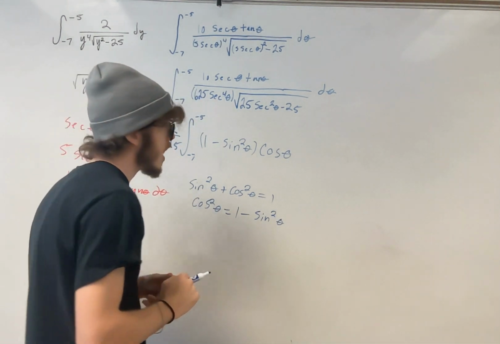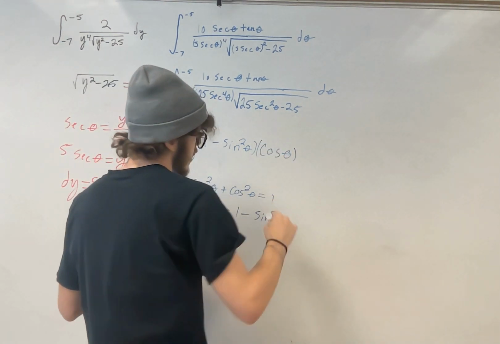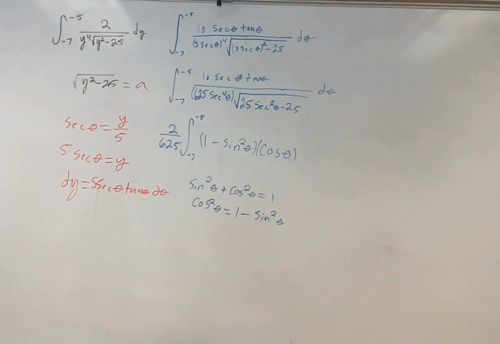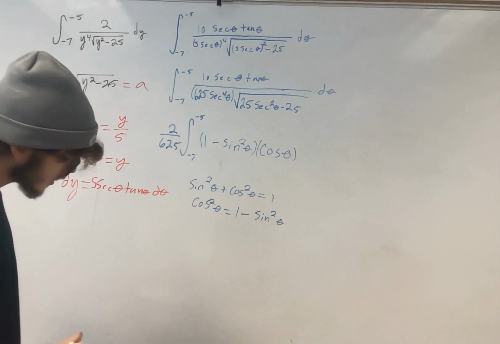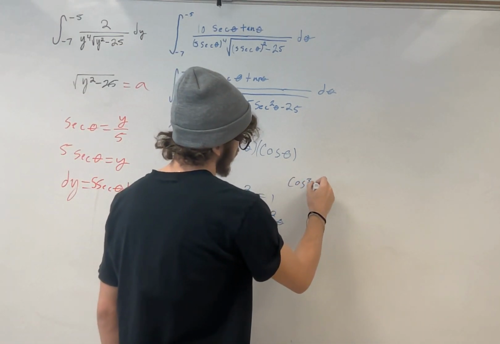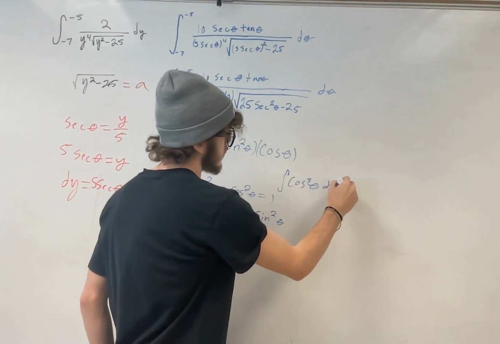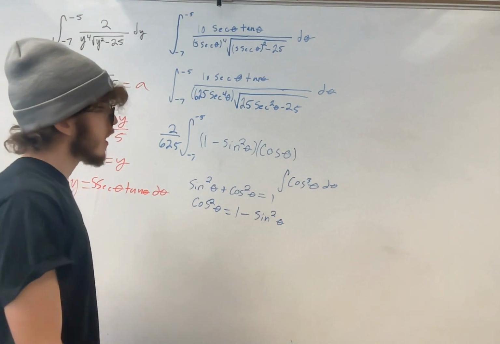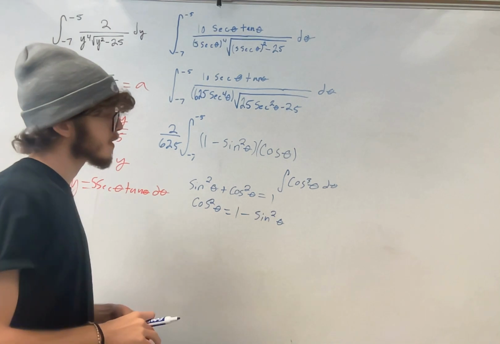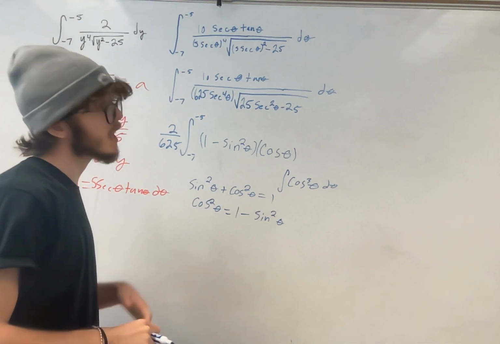And you're going to be asking yourself, why exactly am I doing all these identities and stuff, right? You want to reduce the power as much as you can, because if I have, for example, cosine to the third of theta, you cannot just easily take the integral of that. If I say take the integral with respect to theta, you couldn't do that without doing the splitting idea. You could maybe do integration by parts if you really wanted to, but that's kind of lengthy.